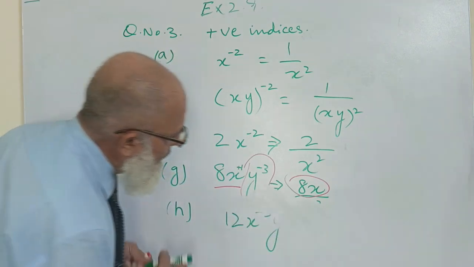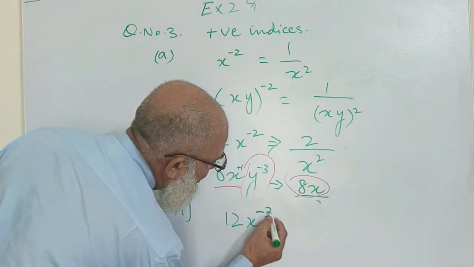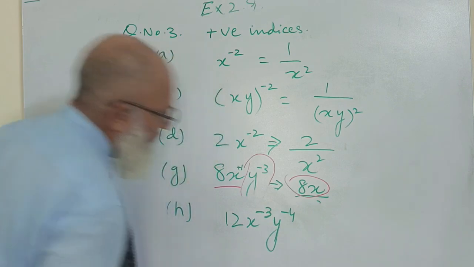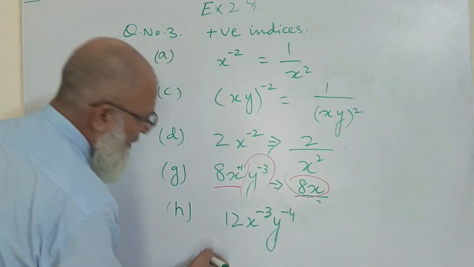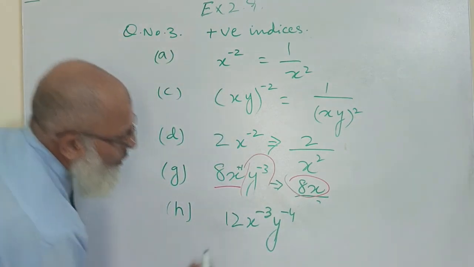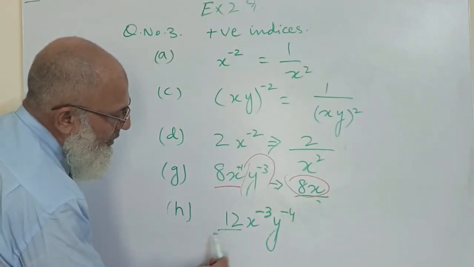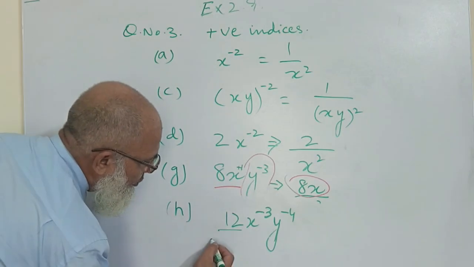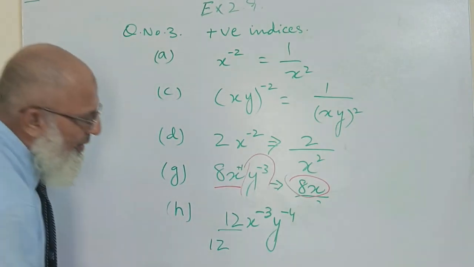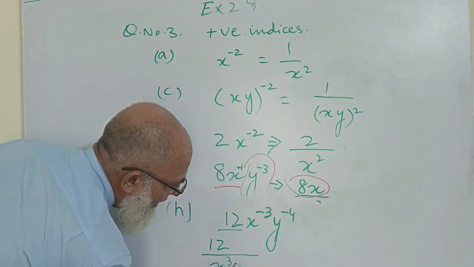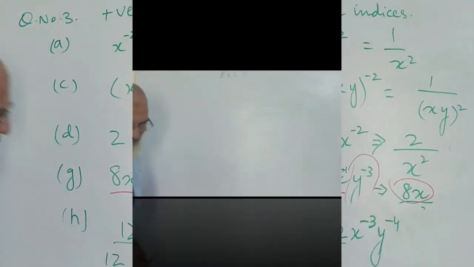Dear students, now the only positive component is this one. The rest are negative. So let it remain where it is: 12 divided by x cube and y 4.